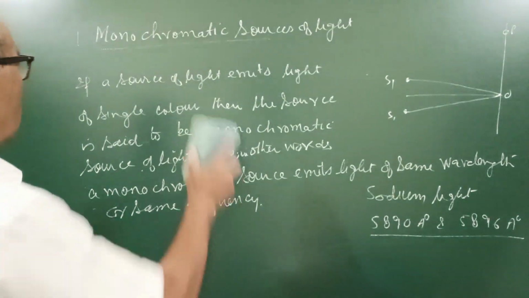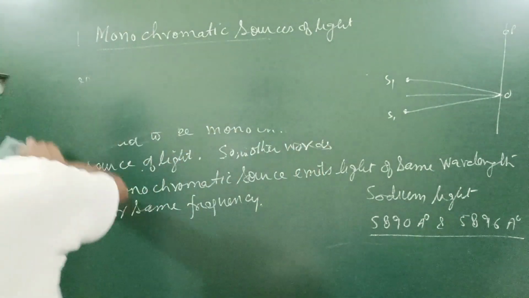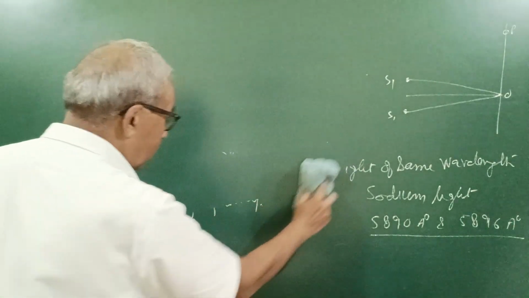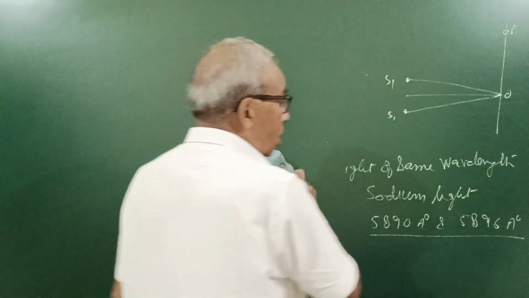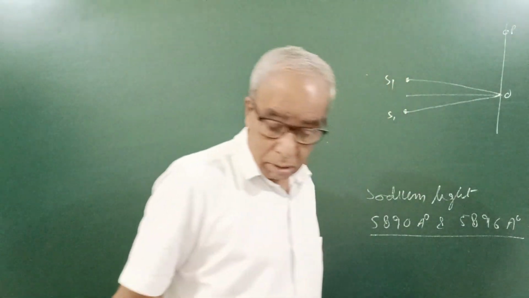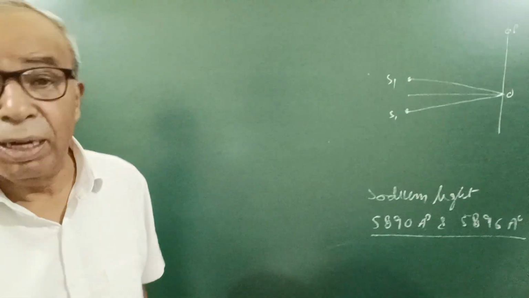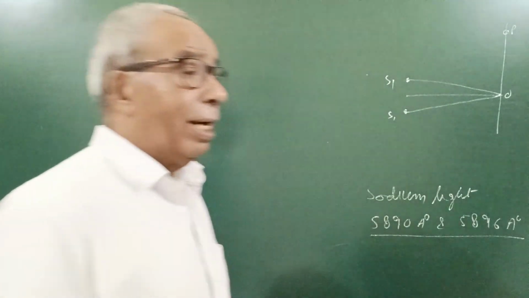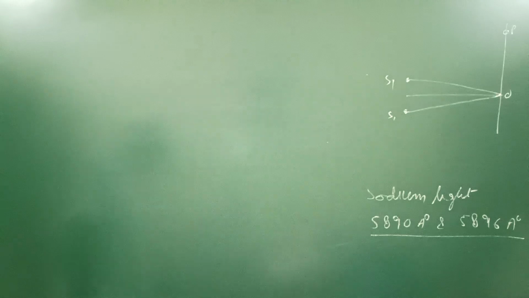It is called monochromatic light. But now lasers of different colors are available. So now it is very easy to obtain monochromatic light using the laser principle.